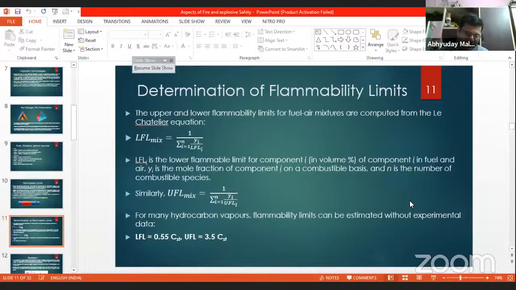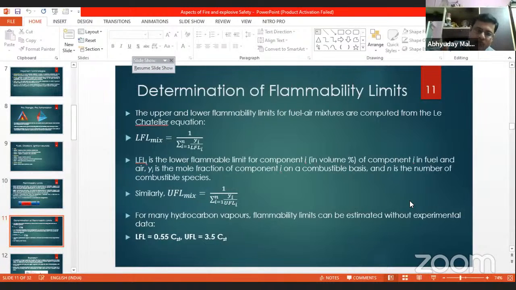Suppose, as in the example I was talking about, we have a mixture of 1.5% propane, 2% hydrogen, and 1.5% carbon monoxide in air. So the total combustible percentage is 1.5 plus 2 plus 1.5, that is 5%. The mole fraction of each combustible component will be calculated on the basis of that 5% total combustibles. If you want to calculate the mole fraction of hydrogen, it will be 2 by 5.